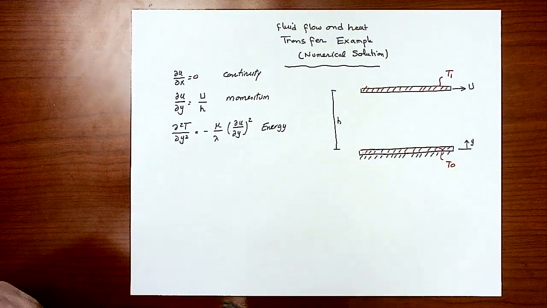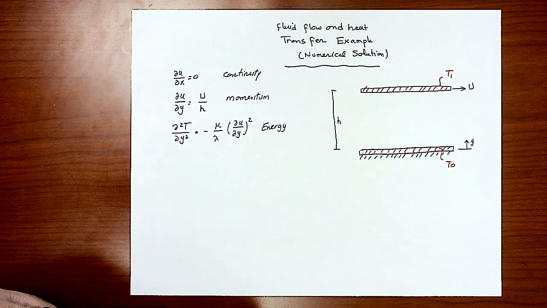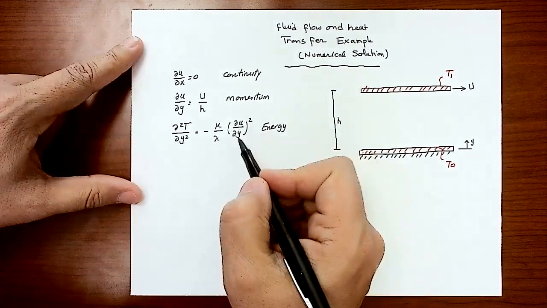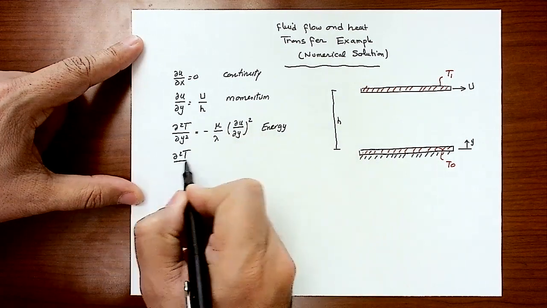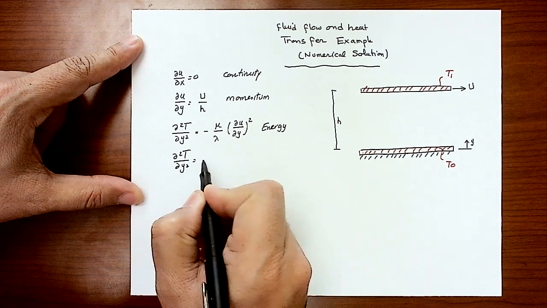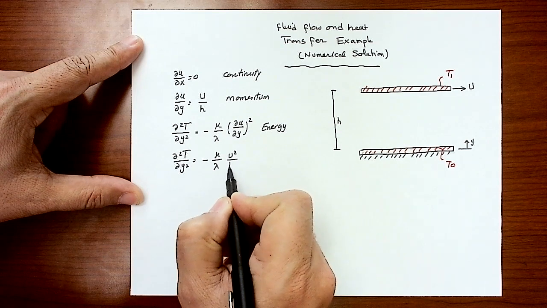So if you refer back to the analytical solution, we show how to simplify that problem. Then we combine the terms. Partial u by partial y can be replaced by u over h. So partial 2T by partial y square is equal to minus mu over lambda u square over h square.